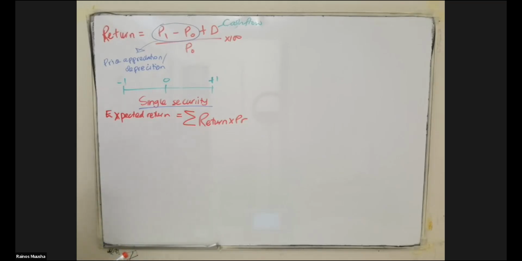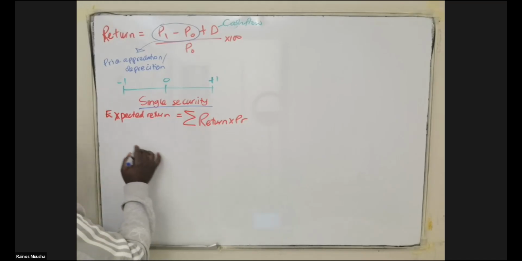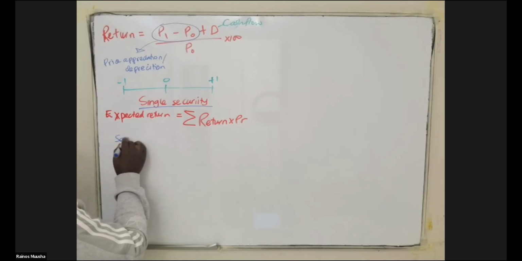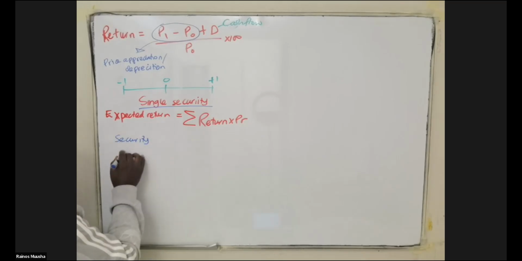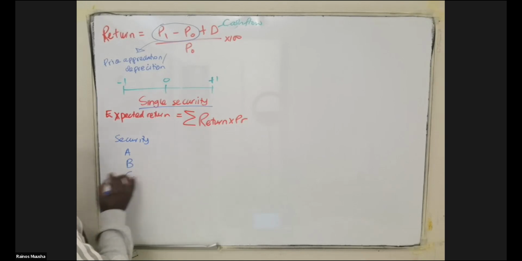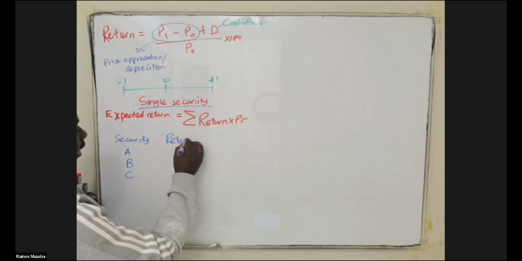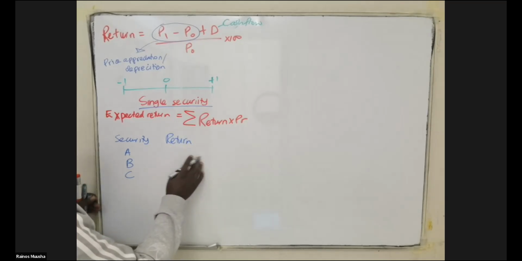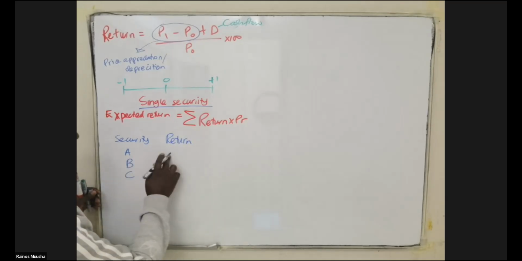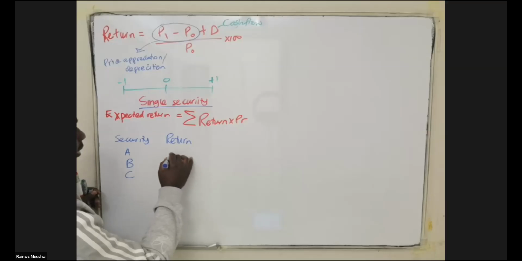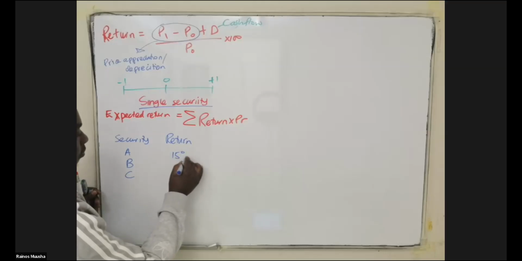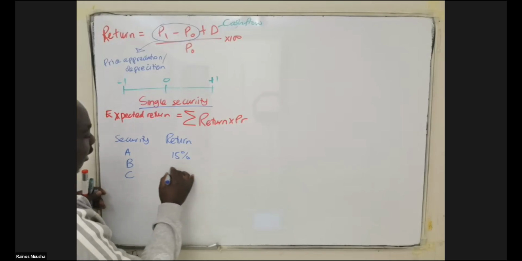In the example they give us in the textbook, it's too long because there's too much information there. Let's say you are given this information where we have securities A, B, and C, and the expected returns of these securities: for A, you're expecting to earn a return of, say, 15%. B, you're expecting to earn a return of 20%.